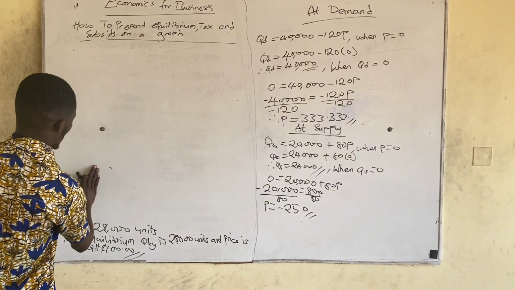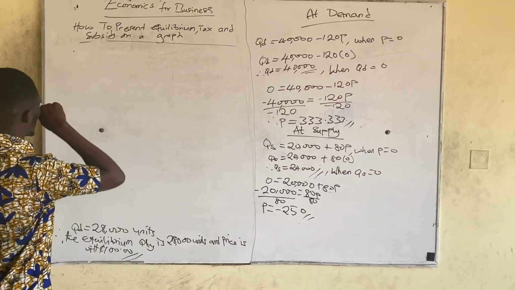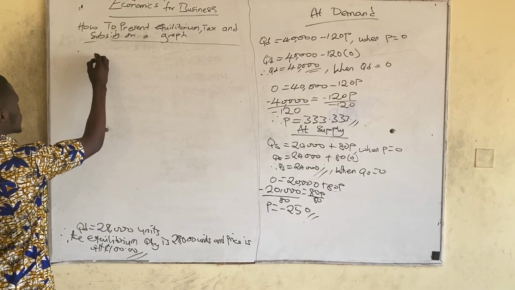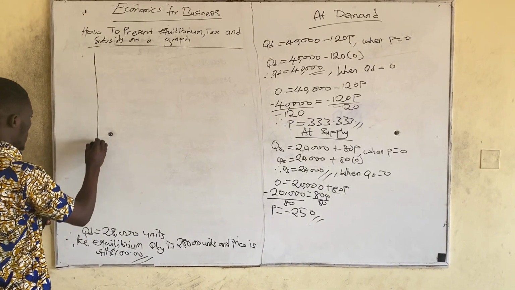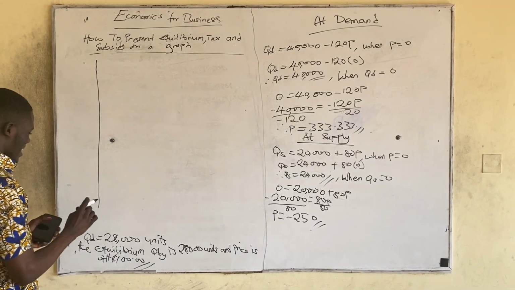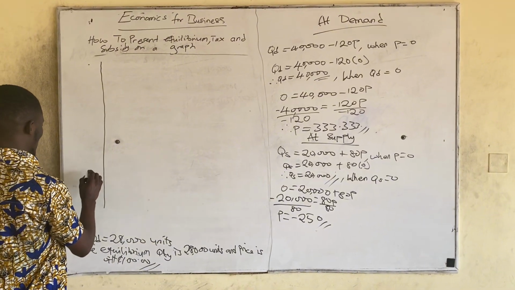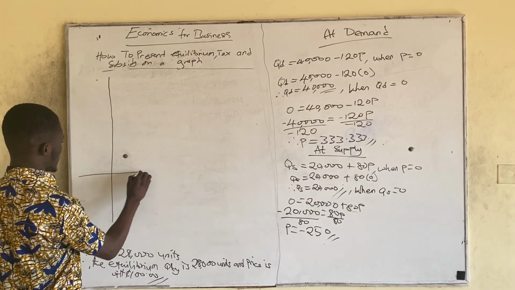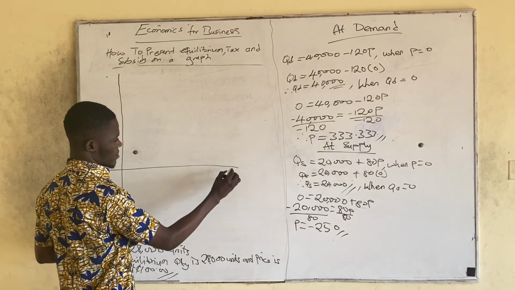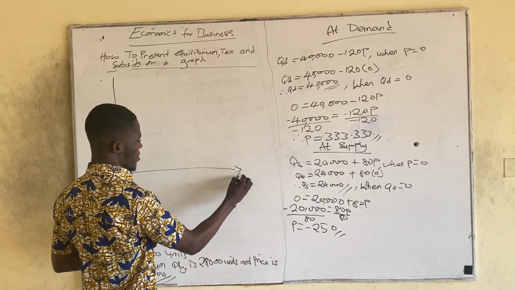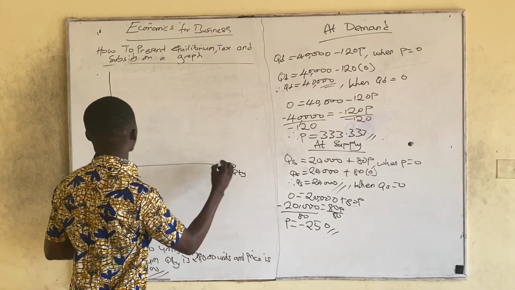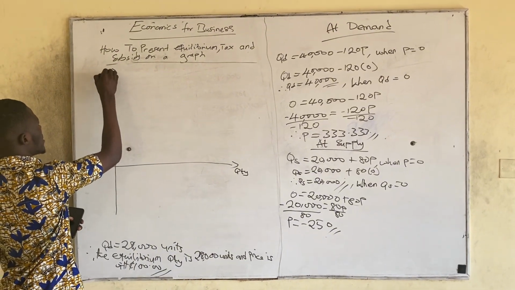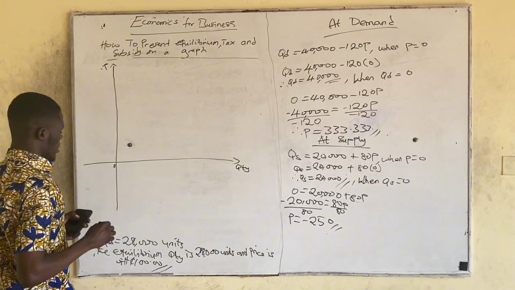So here, I'll draw my graph. Sorry, my curve is not that good. Here will be my quantity, then here will be my price. I have my 0 here.